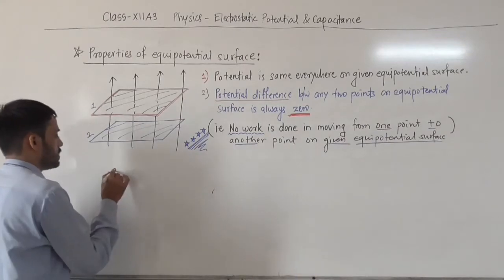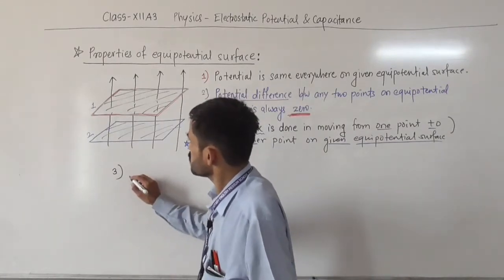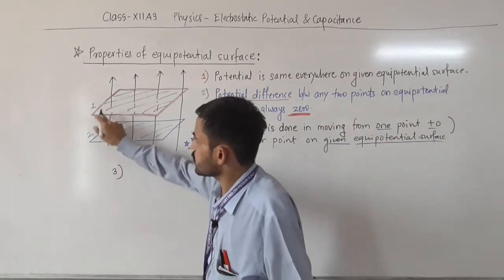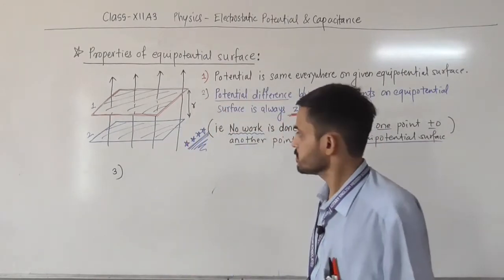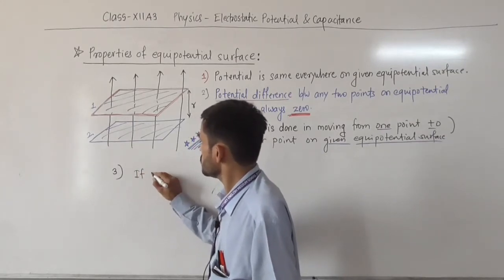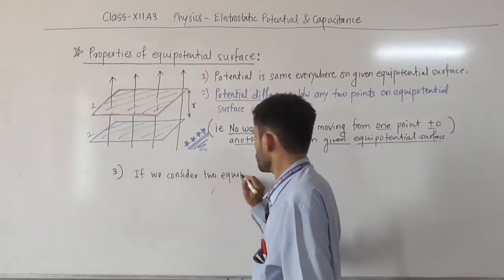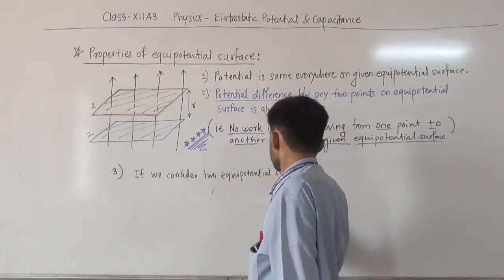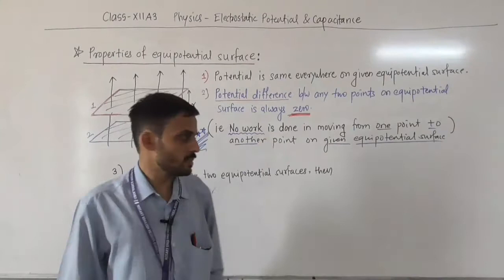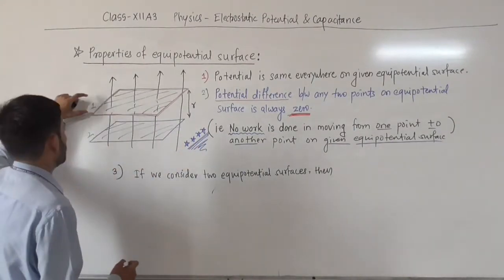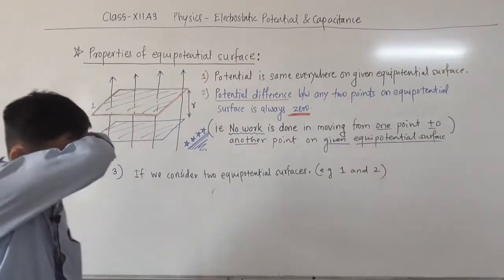But what is the thing? If I select two surfaces separated by distance r, if we consider two equipotential surfaces, for example 1 and 2, I have given the idea in the figure.